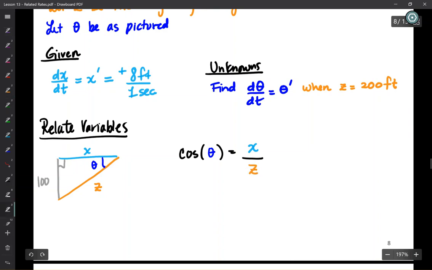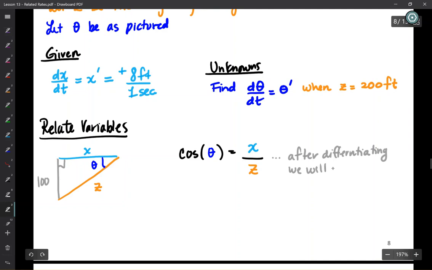But the reason why I'm not going to go ahead and use this choice is because when we differentiate both sides with respect to time, over here we're going to need quotient rule, which is fine. We know quotient rule, but we're going to have a derivative of z, right?